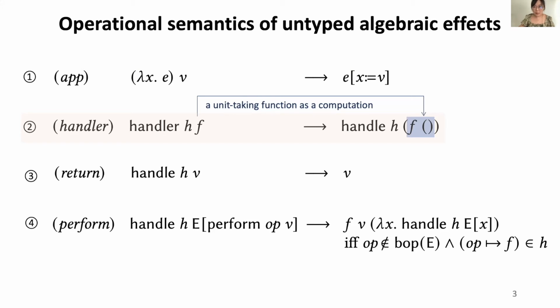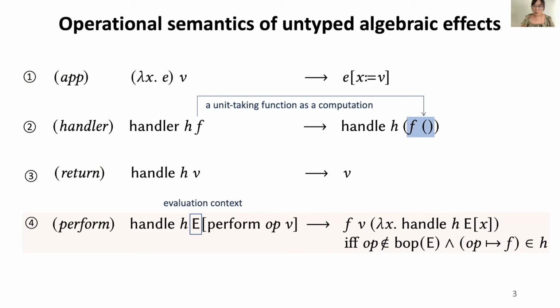When handling a computation, there are two possible situations. In the first case, the computation evaluates to a value, so we remove the handle and propagate the value. In the second case, the computation performs an operation which is handled by a handler. Several things to note here. First, this capital E represents an evaluation context, which essentially represents a code stack. That means we can perform an operation deep inside the code stack.